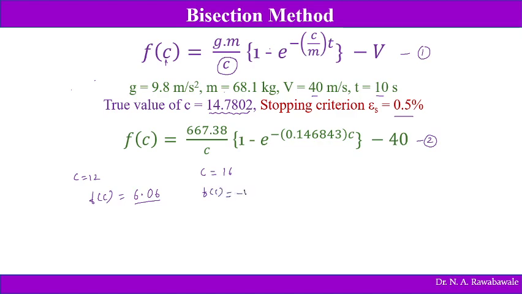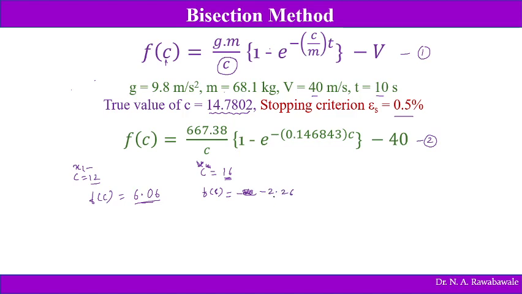So the value of c is 12, we call this xl, and the upper value xu is 16. When we substitute xl, this becomes positive. When we substitute the upper limit xu equal to 16, the function becomes negative, that is, on substituting c equal to 16 in the above equation, this becomes minus 2.26.